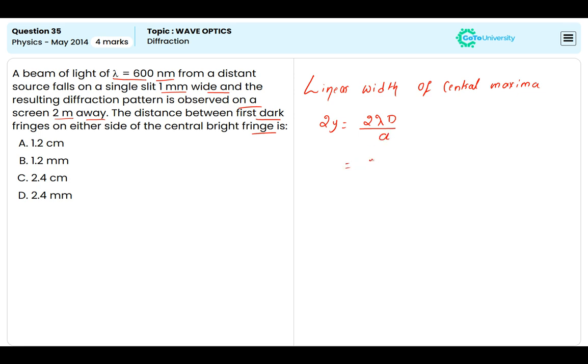If I substitute the values, 2 into lambda, which is 600 nanometer, that is 600 into 10 to the power of minus 9, into D, which is 2 meters away, that is 2, divided by a, which is 1 mm, that is 1 into 10 to the power of minus 3.